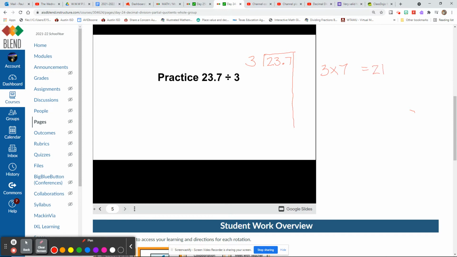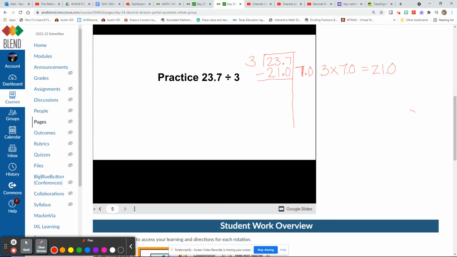So 3 times 7 and 0 tenths would equal 21 and 0 tenths. So we could get rid of 21 and 0 tenths right away by removing 7 groups of 3. So 7 groups of 3 was 21 and 0 tenths.